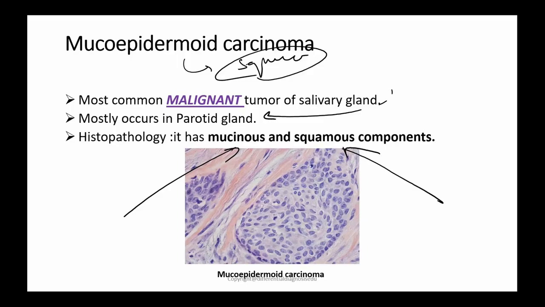If you look at this image, this is the squamous component and this is the mucinous component. This is mucinous and this is squamous, the pink in between. Mucoepidermoid carcinoma is a tumor of the parotid gland.